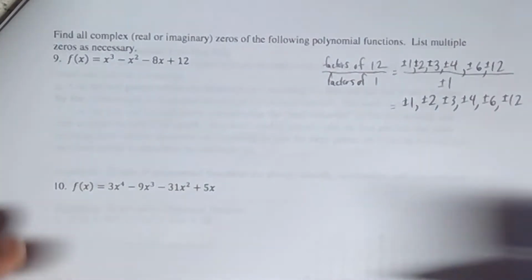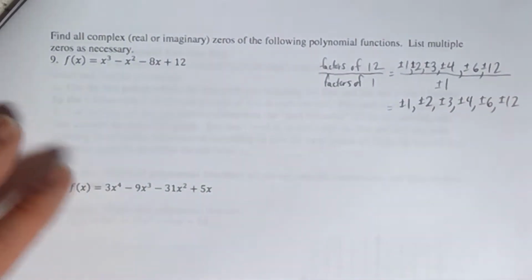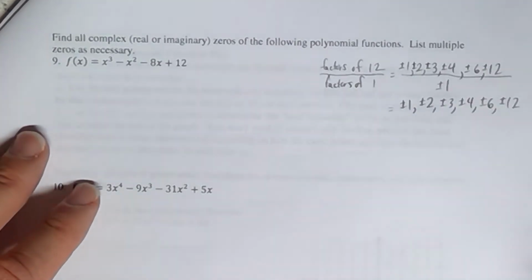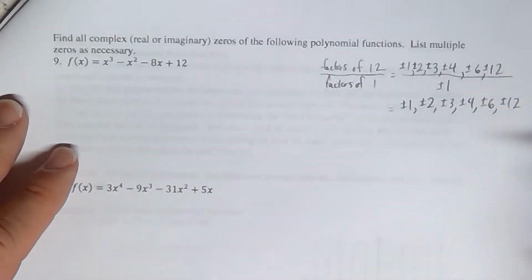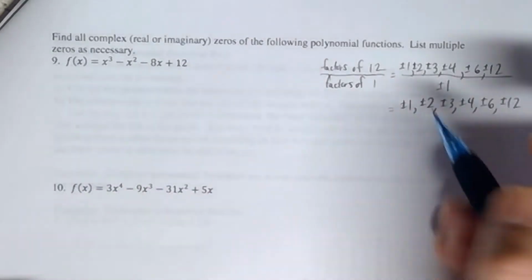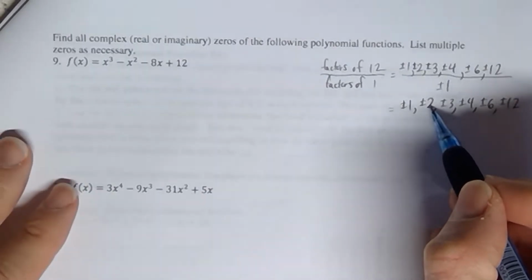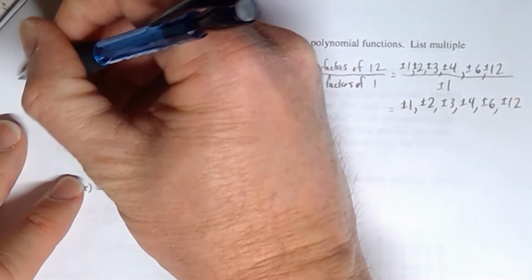So you might be wondering, how do I know which one to try first? I usually try to do the easiest ones first. In the interest of time, though, since I've done this problem before, I'm going to tell you right now that 2 is one of the numbers that works.